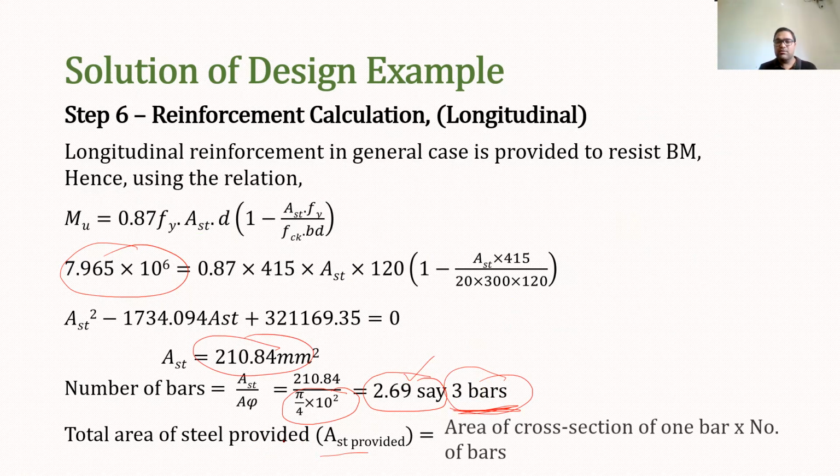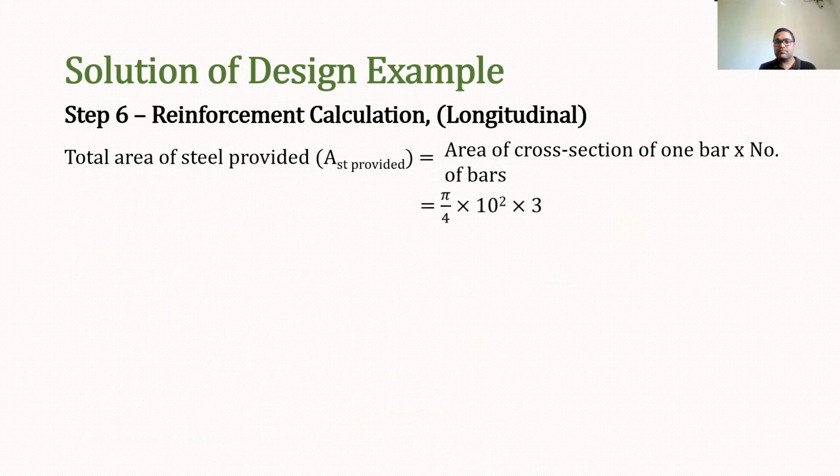So it will be the area of cross section of one bar multiplied by the number of bars. We have provided 3 bars and the area of cross section of 1 bar is pi d square by 4. Now solving this, we get Ast provided as 235.05 mm square. So the required value was 210 and we are providing 235, and that is okay. It is safe.